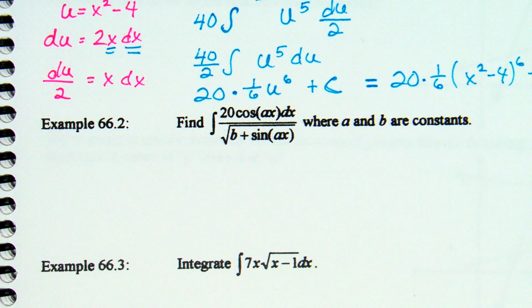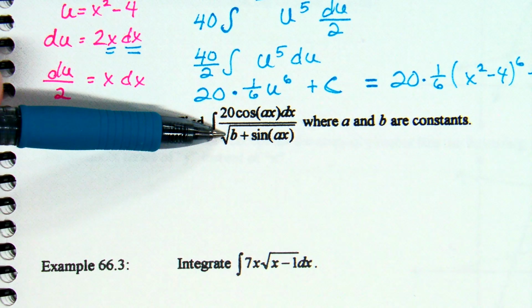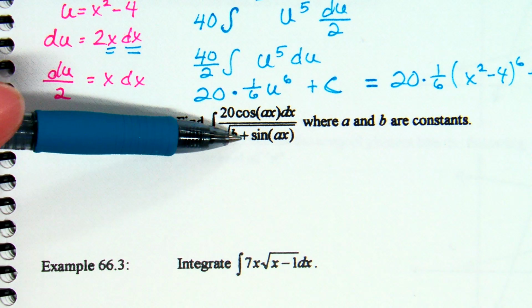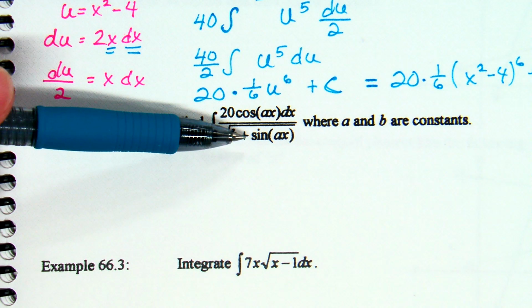If you look at the current main function, it is the square root of b plus sine ax. The square root in the denominator is the same thing as saying b plus sine ax raised to the negative 1/2 currently, right? So we're expecting by the time we get to the end, we're going to have b plus sine x raised to the positive 1/2.